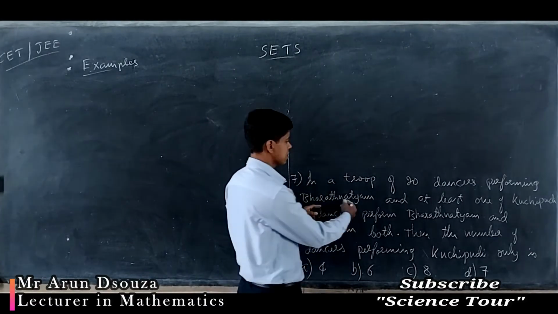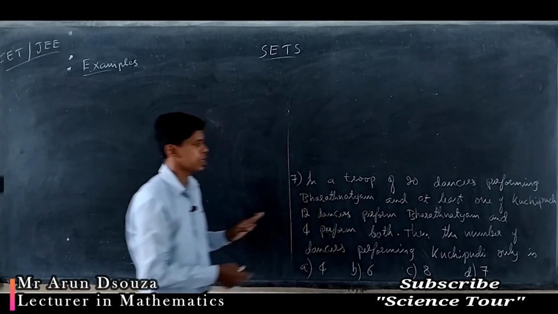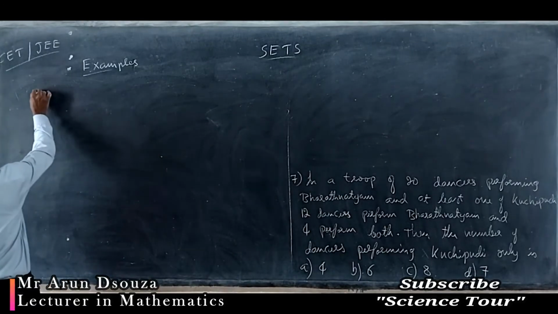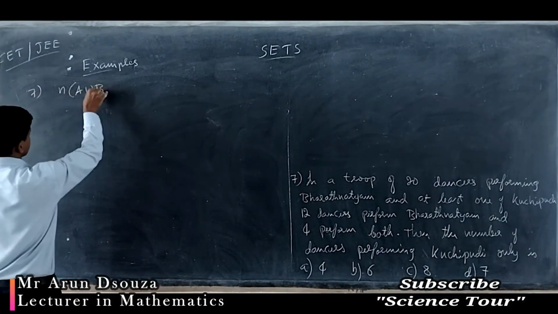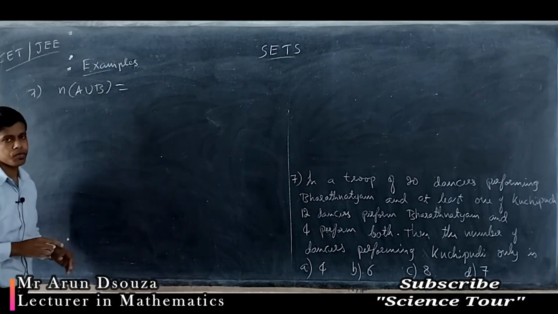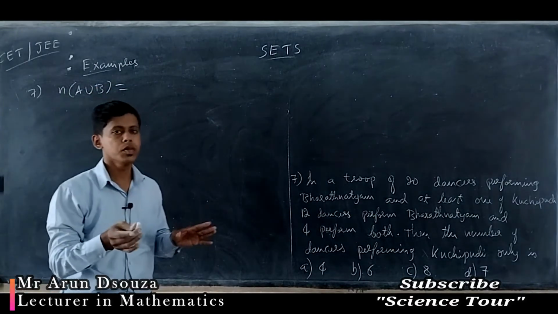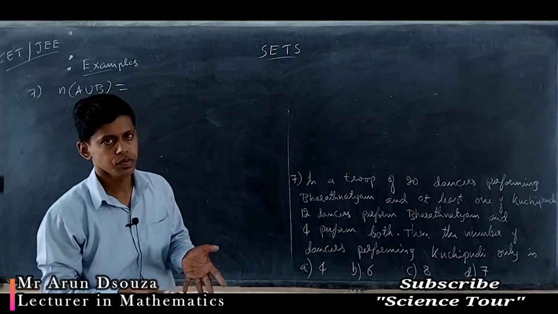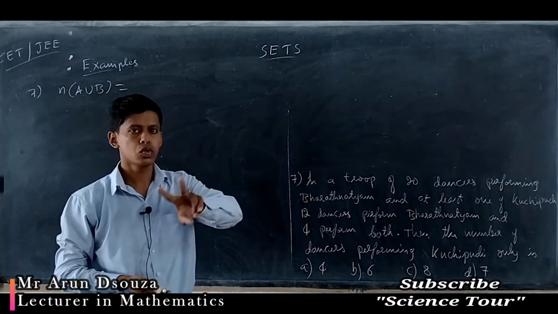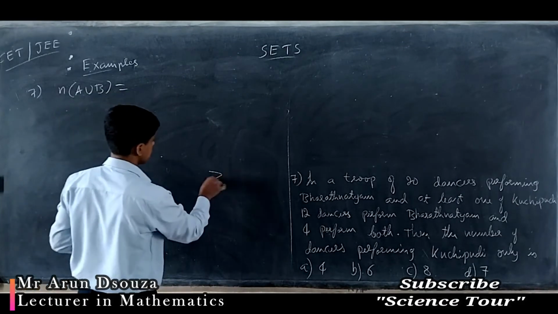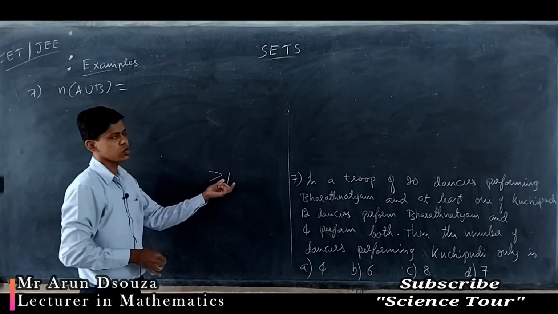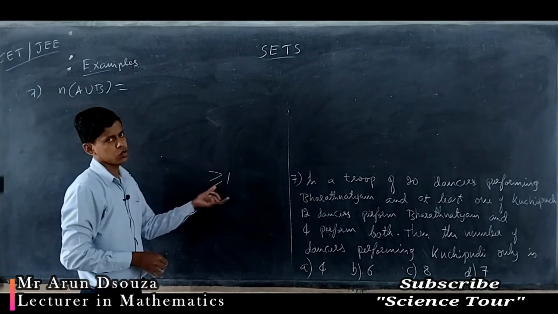Okay, so what is this? At least one of Kuchipudi and Bharatanatyam. It is union. At least one of them, either A or B or even both. At least one means greater than or equal to 1. At least one means either Bharatanatyam or Kuchipudi.